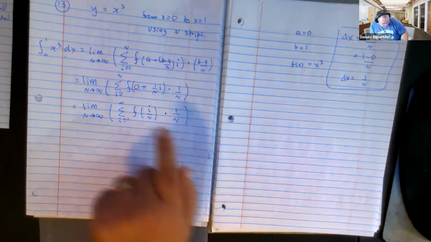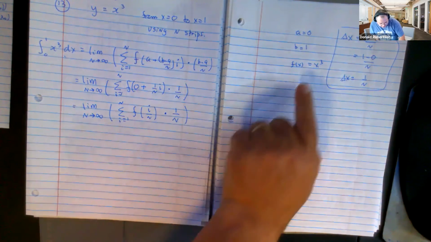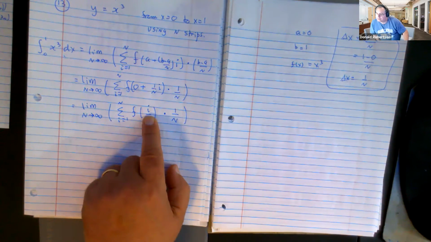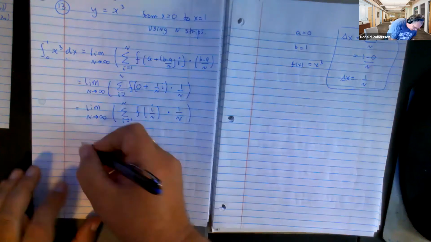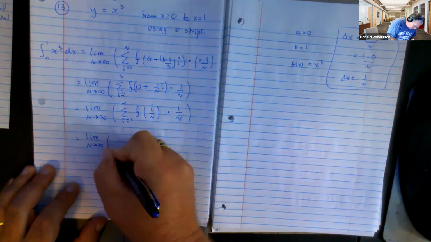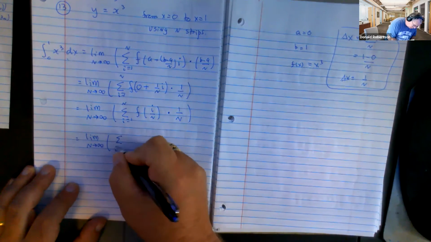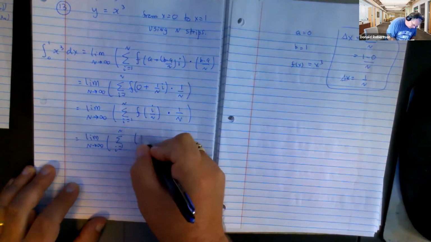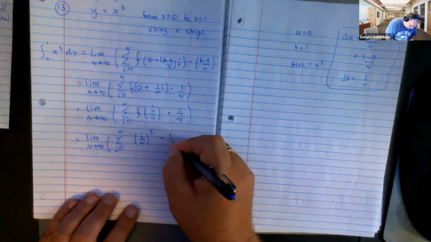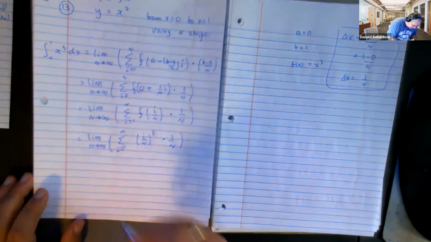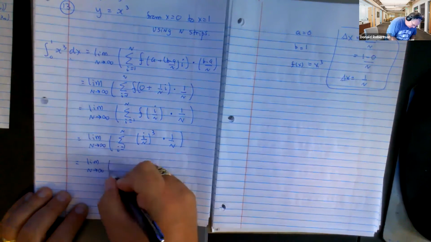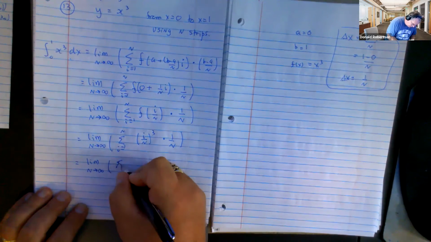Okay, the value of the function at i over n, since the function is x cubed, isn't this i over n cubed? Great. So the next line looks like the limit as n tends to infinity of the sum from i equals 1 to n of i over n cubed, x cubed, times another 1 over n. And now we get to here. Oops, my sigma went funny.